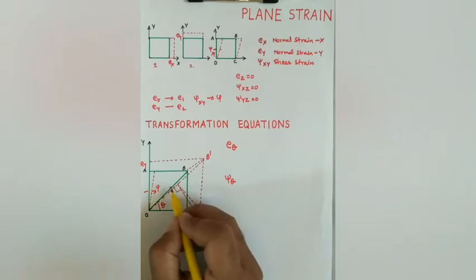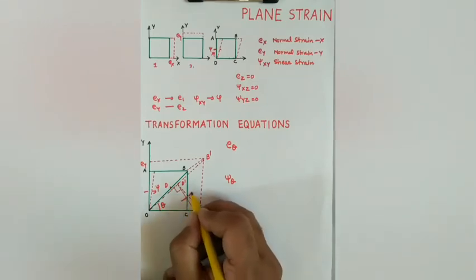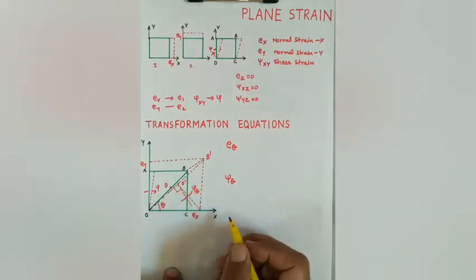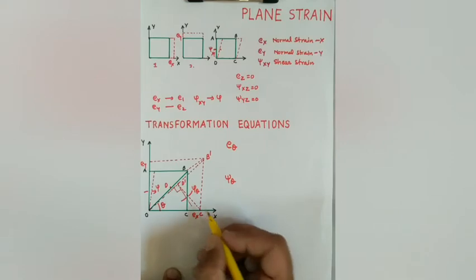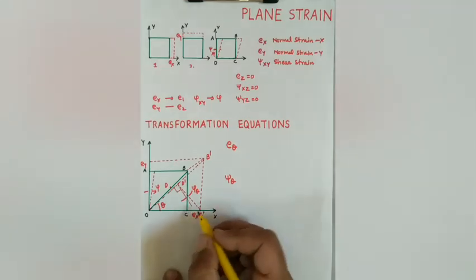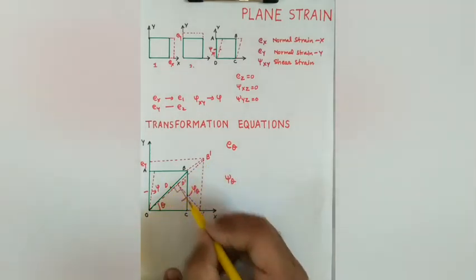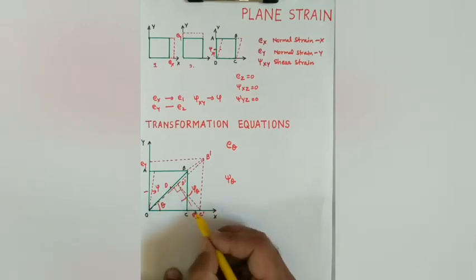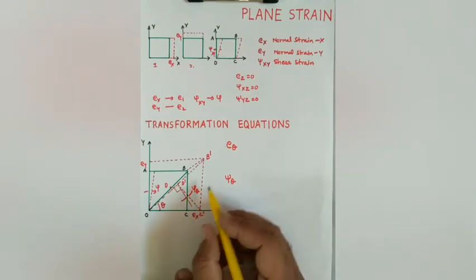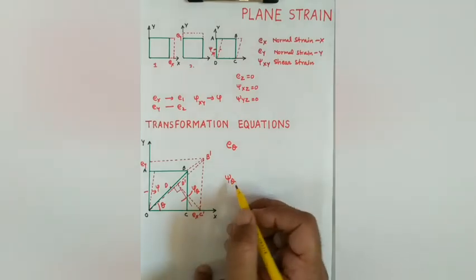So if a point D is strained to D dash, then psi theta will be denoted here. This point is C dash, the strained position of C, and this is perpendicular on the diagonal OB dash. So the angle between these two lines is psi theta, or the shear strain at angle theta.